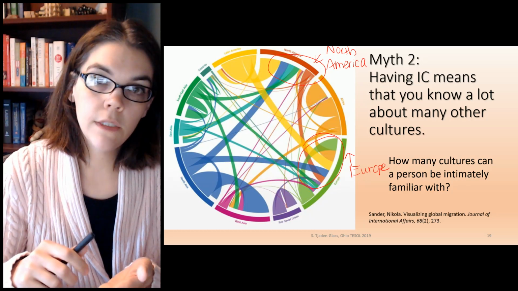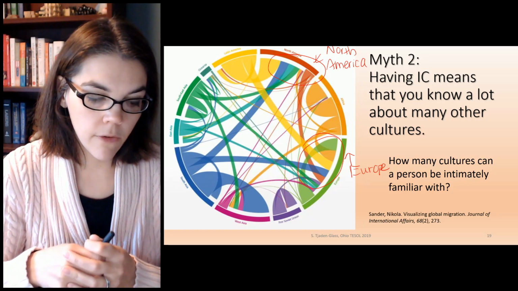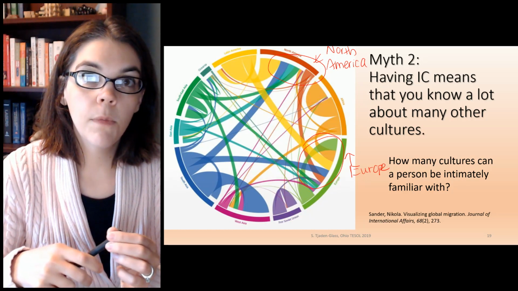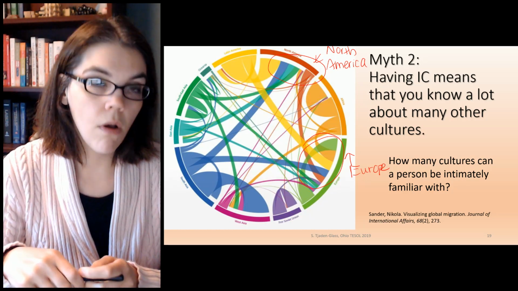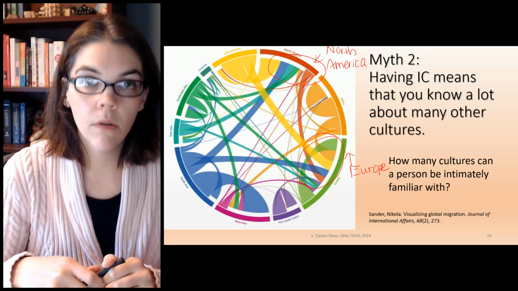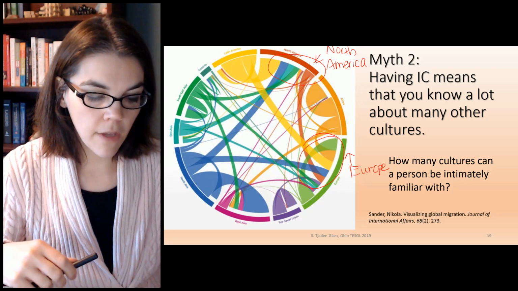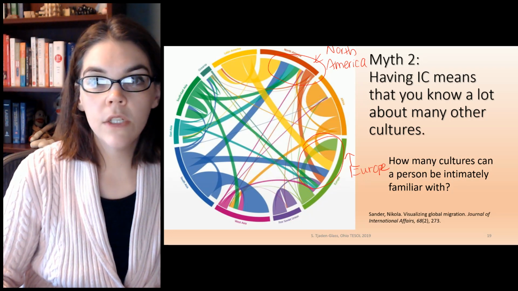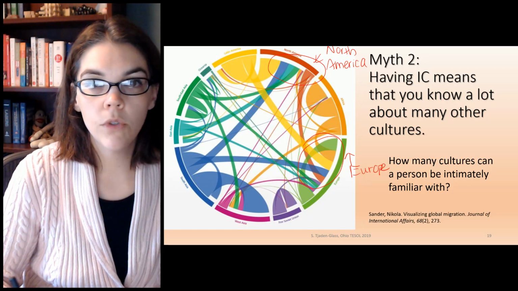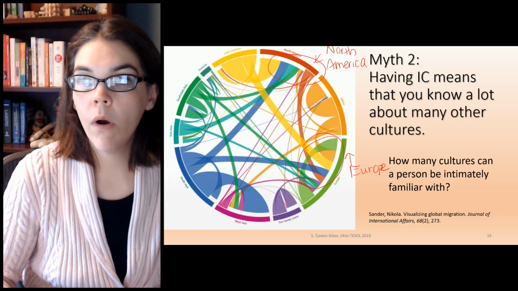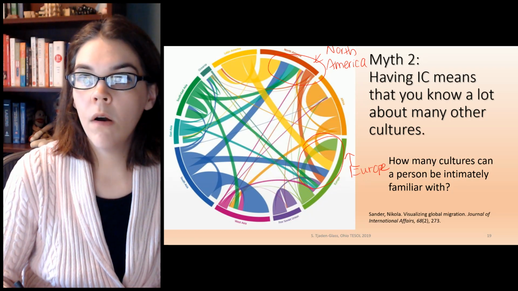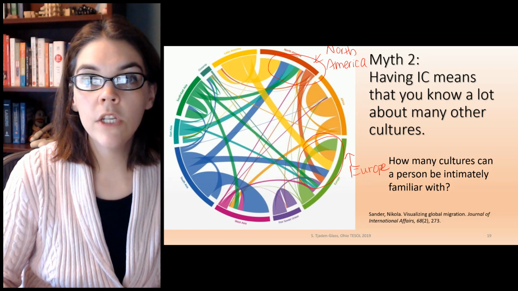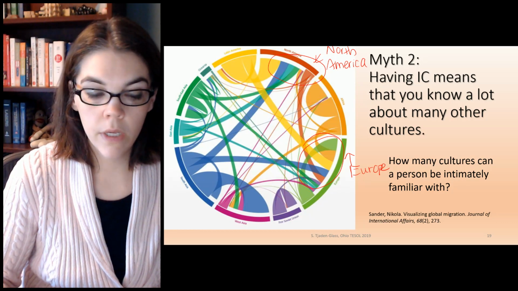So with so many different people migrating to new lands, intercultural competence is becoming vitally important to all domains of social and political life. At the same time, it's important to understand that you don't need to know all of these cultures, all of the histories, all of the languages. You don't need to know all of them to be interculturally competent.